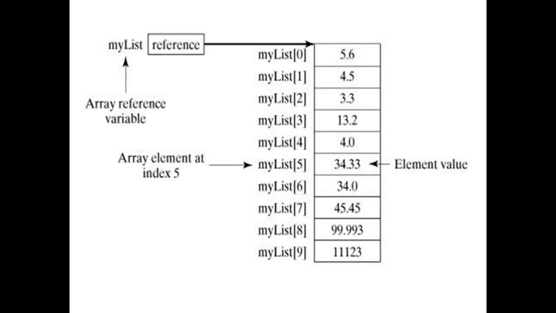Now, why do we use arrays? We use arrays because, instead of storing similar kinds of data points in separate variables, if we want to access those data points, we have to switch from one variable to the next variable every time.